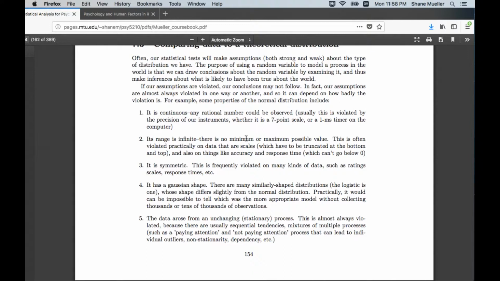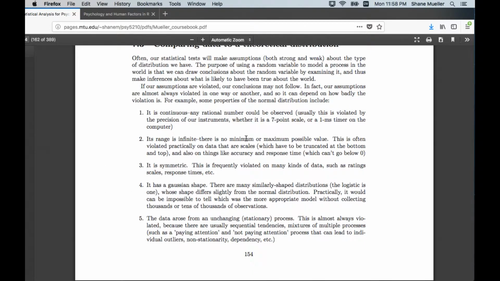Next, its sample space or range is infinite. There's no minimum or maximum value. And so if you have something like a test score that you're measuring, you're violating one of the assumptions because you can't get a negative test score, and you can't get over the maximum of the test. But people still will.